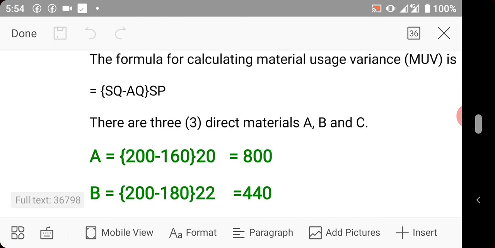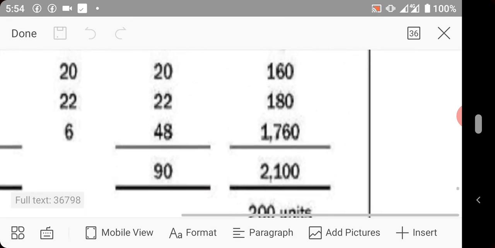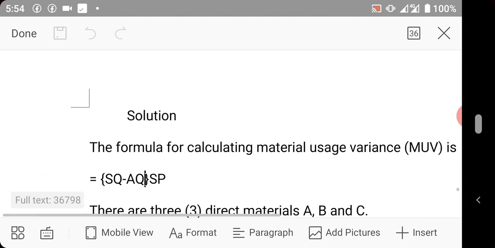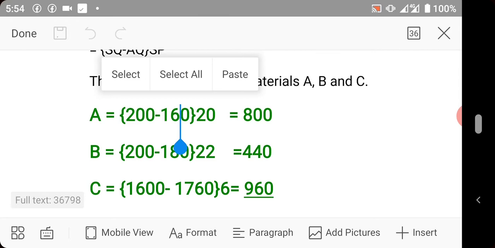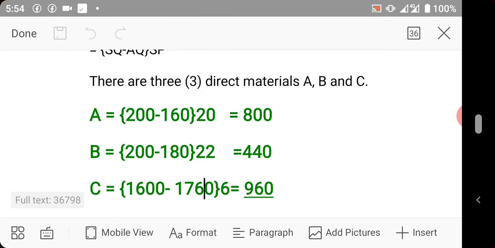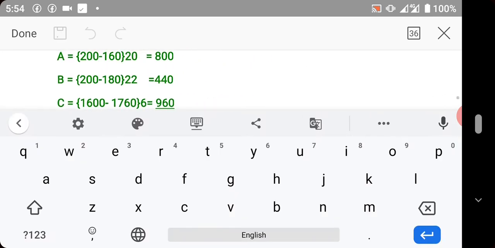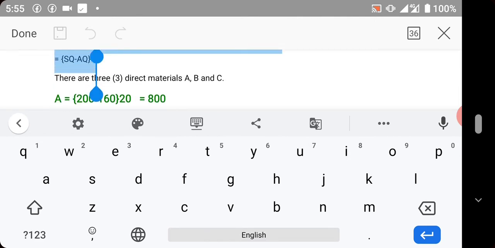The actual quantity will now be gotten. In the equation, this is the actual quantity: 160, 180, 1760. So when you substitute, you have 160, 180, 1760. Then how did you get your standard price per unit?